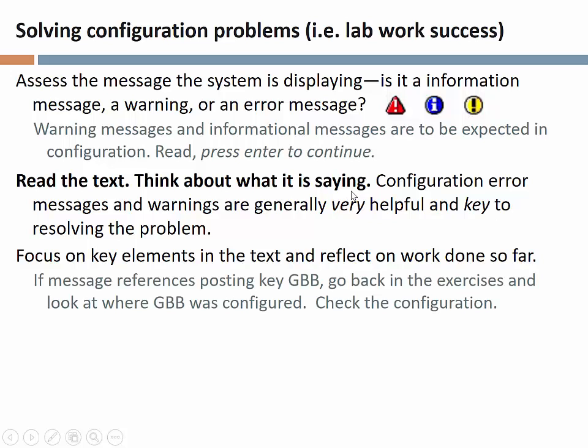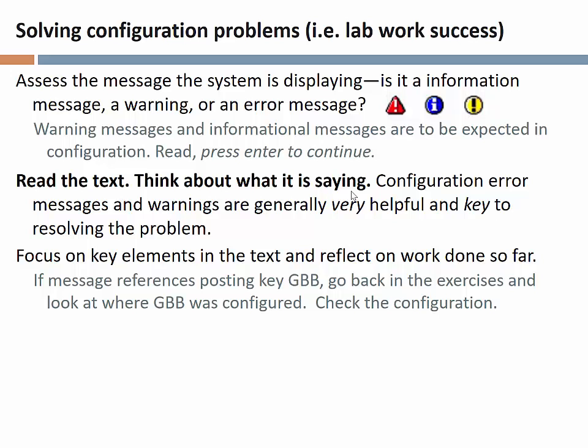The other thing is, let's say the error message says, blah, blah, blah, error with posting key GBB. Well, go back in the exercises and look at where you did stuff with GBB.